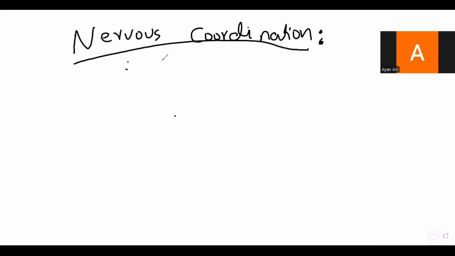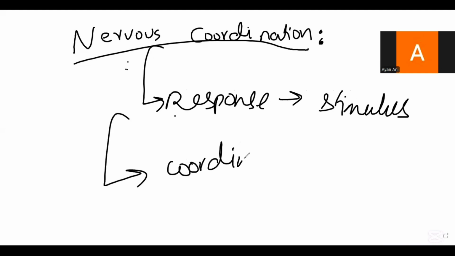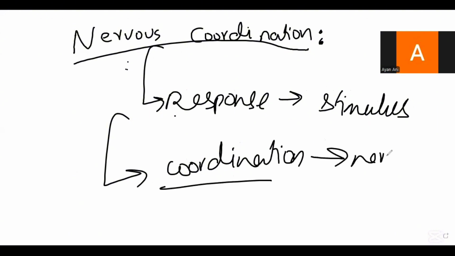Okay, so to summarize, the response to a stimulus provided by coordination of different body parts through nerve impulse is called nervous coordination.